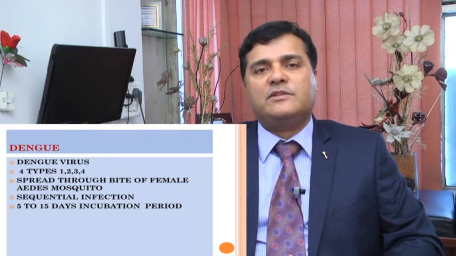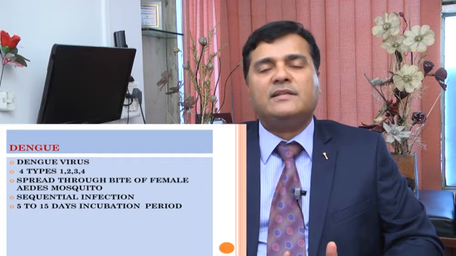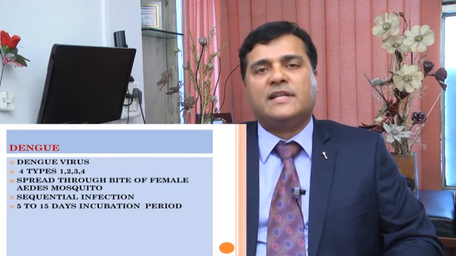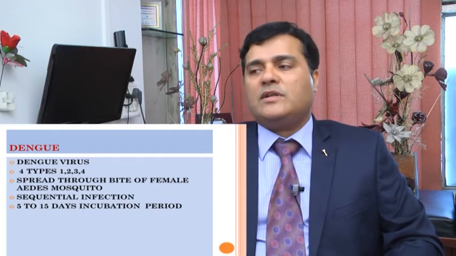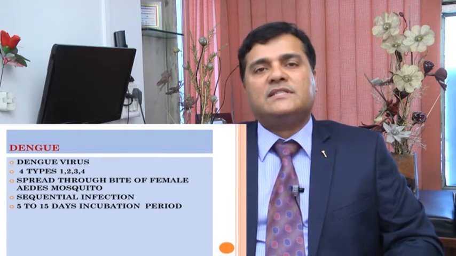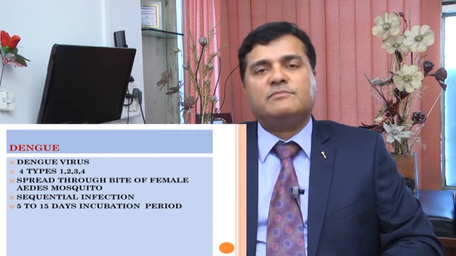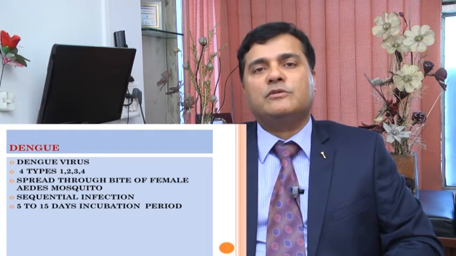And the incubation period, that is the time from the bite to the onset of actual illness, is about 5 to 15 days. So what causes dengue is the dengue virus, which is present in the Aedes mosquito. The Aedes mosquito is also responsible for Plasmodium falciparum malaria and also for chikungunya.